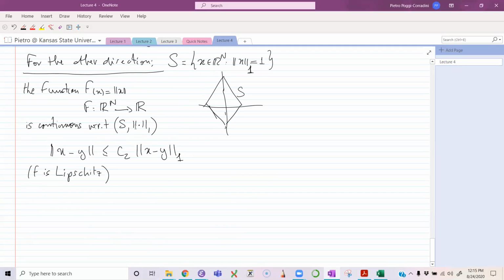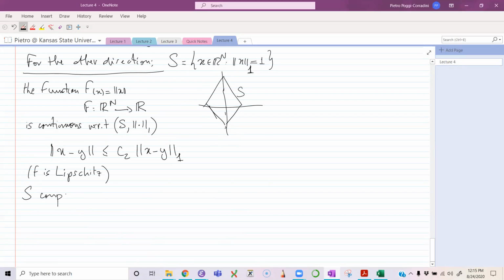And the other thing is that because of the finite dimensionality of Rn, this prism here is a compact set. So we need a little bit of analysis here. If you haven't seen that, it's not super important.